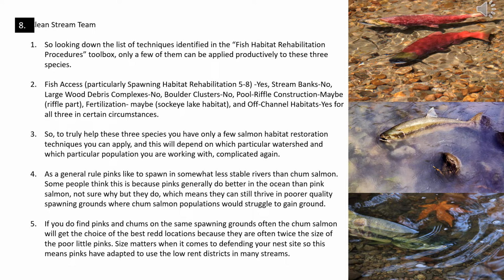So some people think this is because, when we have looked at studies, a little pink fry going to the ocean for unknown reasons will survive at a higher rate than a little chum fry. They don't know why that is. They think because the pinks have evolved more specialized habits focused on ocean life. So they survive a little better.